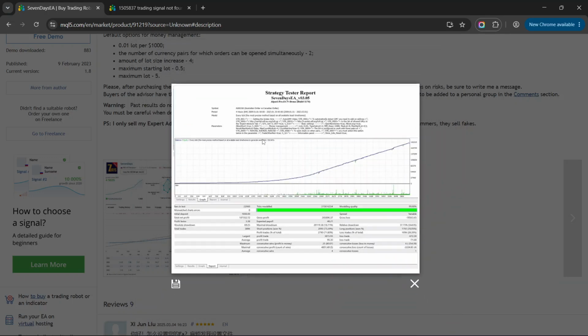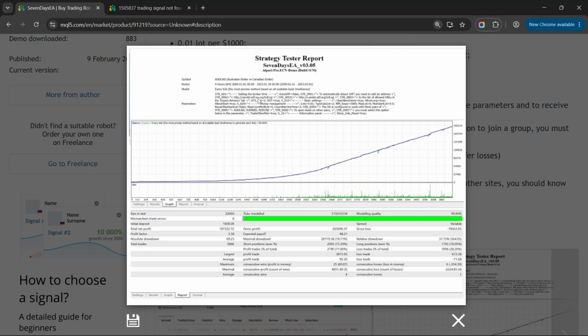If we zoom in, they tested the EA on Australian Canadian dollar on the 4-hour time frame, modeling every tick based on real tick. Now the profit factor is 3.38.